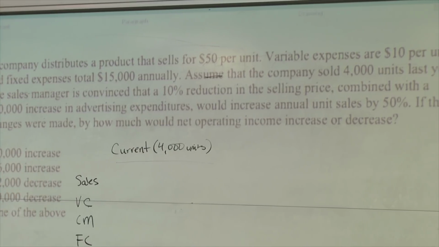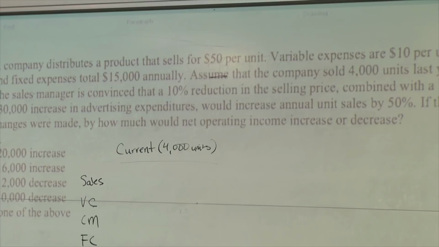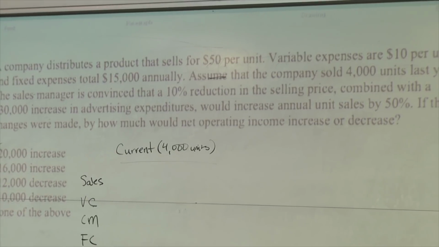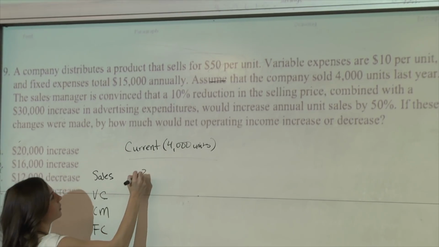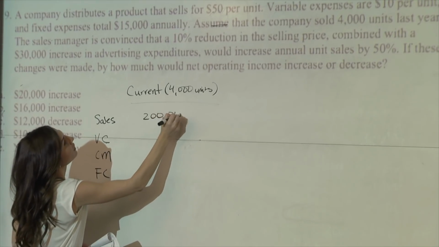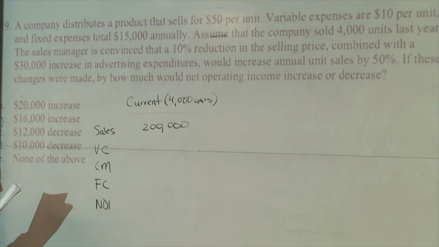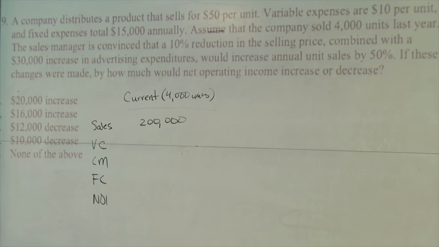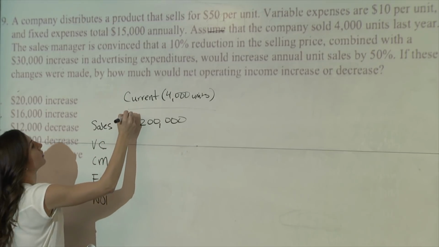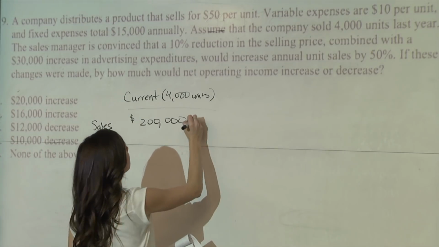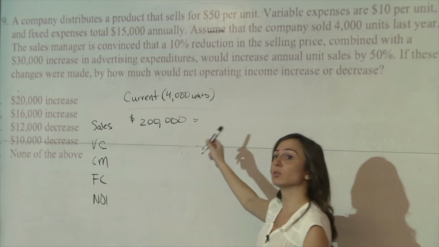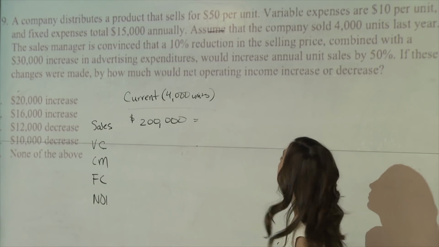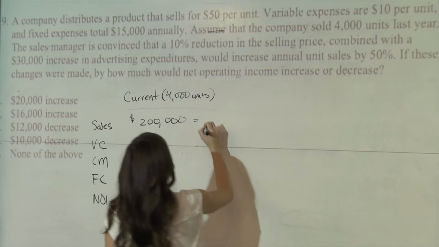This is always going to be the same. So this we need to know like the back of our hand. So in our current situation, we have sales of $200,000. How did I get this? Because we're given the number of units and the per unit selling price, I just multiplied the two.